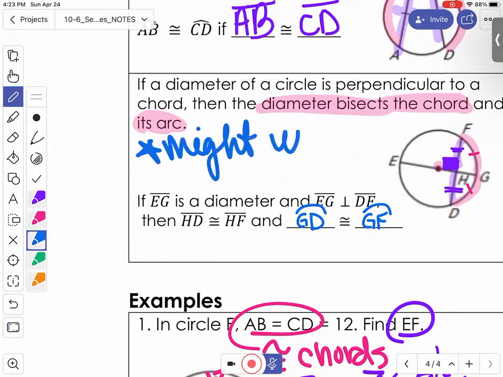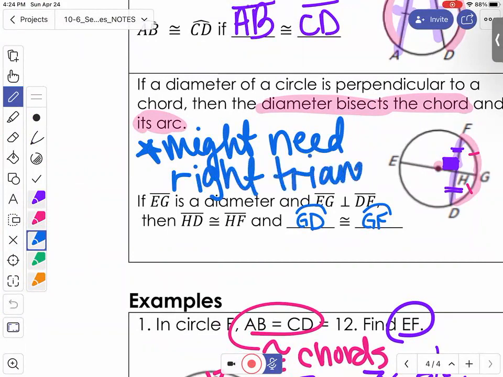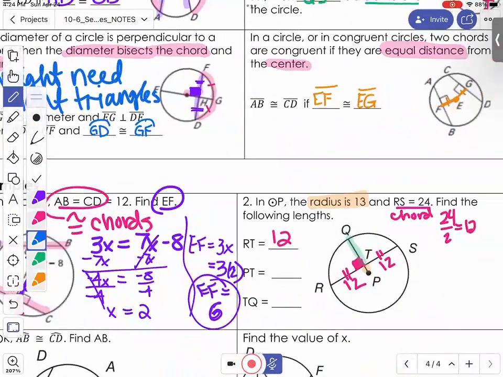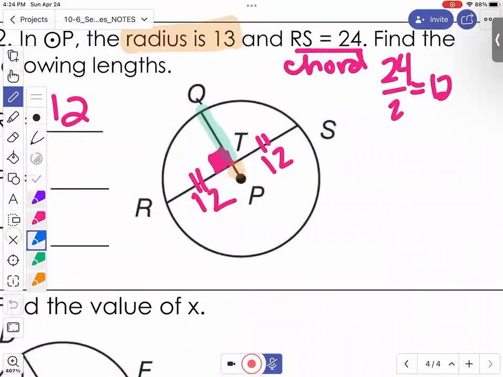We might use right triangles or might need a right triangle, which means Pythagorean theorem might happen. We might have a special right triangle going on. We might even need to use sine, cosine, or tangent. But it's always a possibility if I'm creating a right triangle.